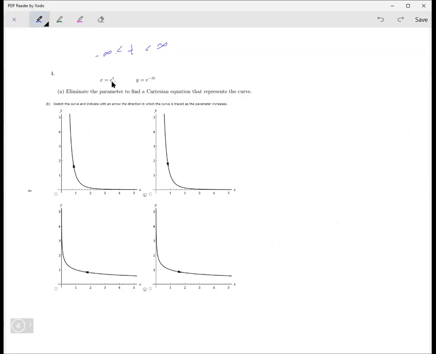Okay, so this is interesting because you have x equals e to the t, and then you have y equals e to the negative 3t. So we're dealing with exponential functions here.